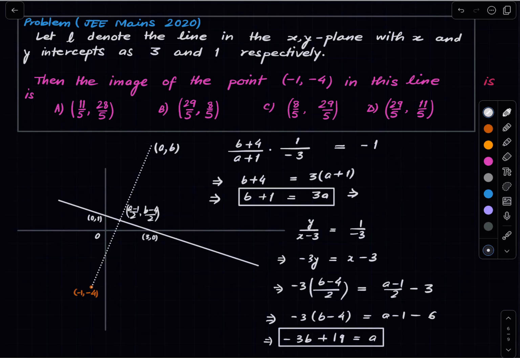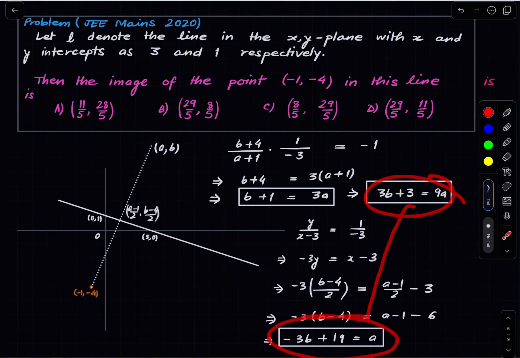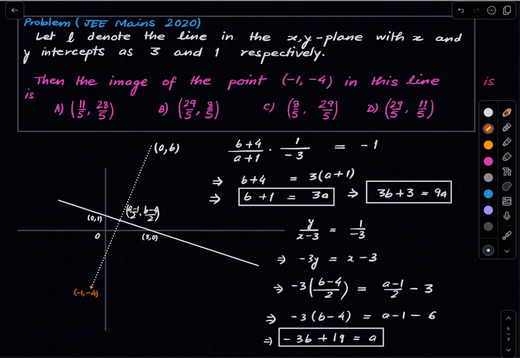Okay, and let's multiply by 3 on both sides to get that. Now if we look at this one and that one and add both of them, we will get 22 is 10a. Just solving those two boxes, we get a is 22 by 10, which is 11 by 5.